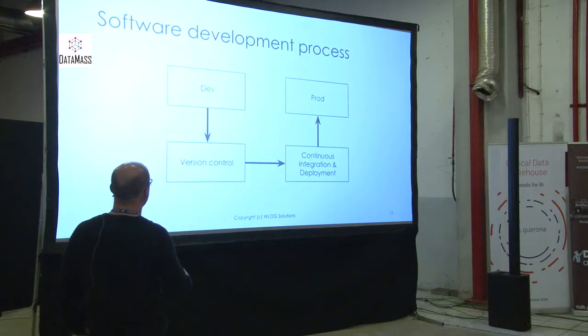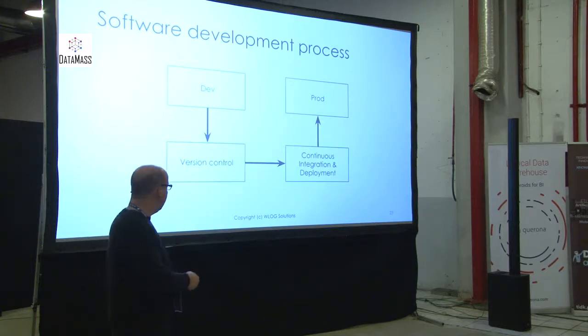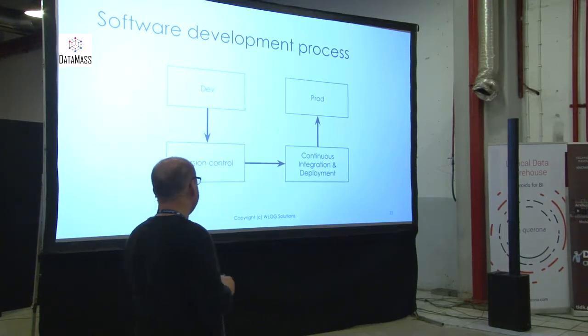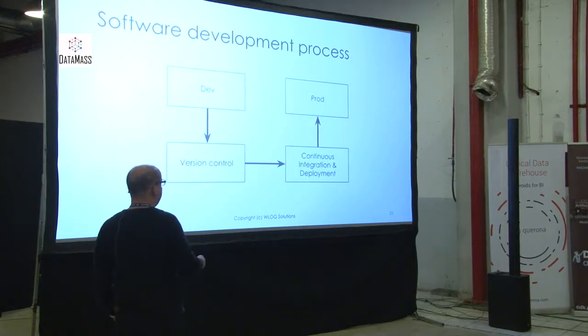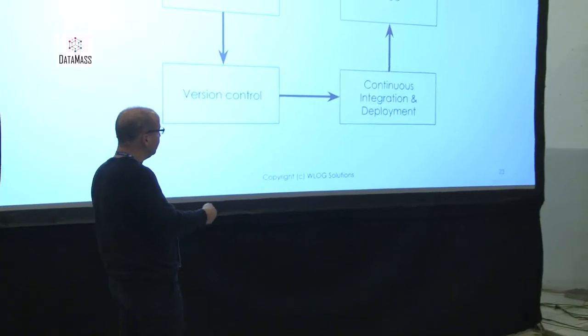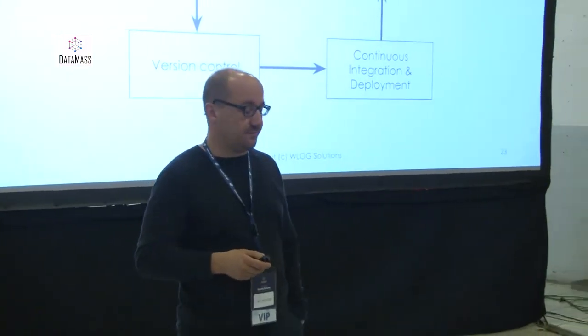You use version control when you commit a new version of the code. Then it goes to a continuous integration and deployment service. Depending on the company and your processes, it can either be automatic or not deployed to production.